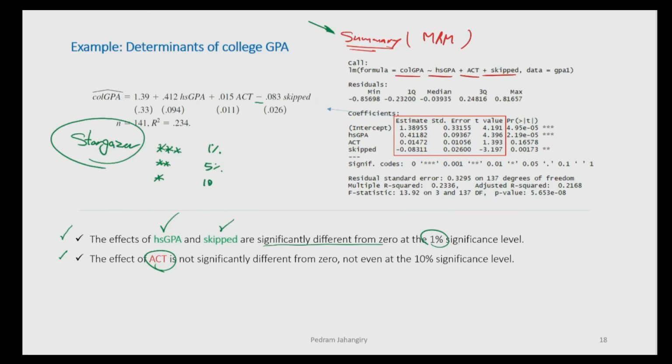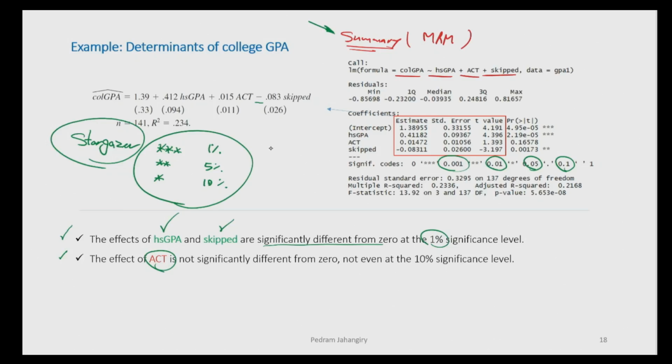So this is more standard. If you read papers, and in the table of the output there are 3 stars, it means 1%, 2 stars means 5%, 1 star 10%. However, in the summary output, 3 stars is 0.1%, 2 stars 1%, 1 star 5%, and a dot 10%. So you see the difference.